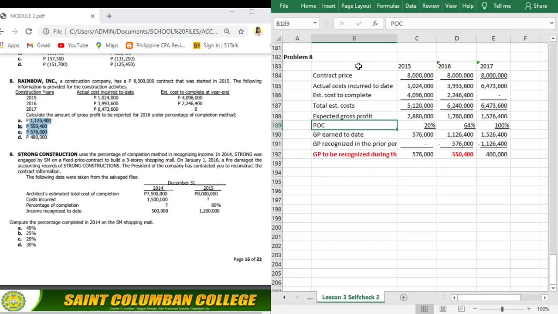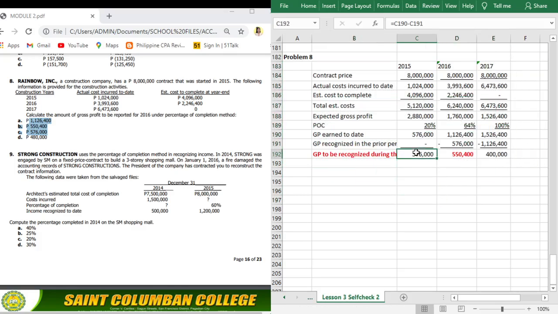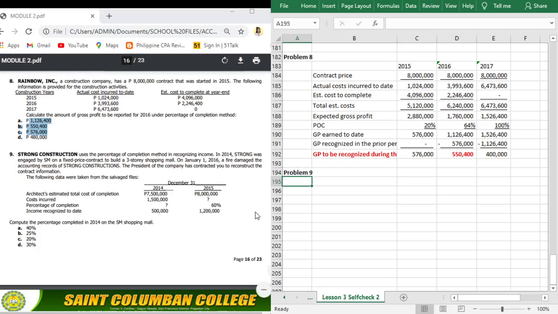And although you presented the right table, the right format, if your answer is 576,000, of course you will be wrong. Okay? Wrong.